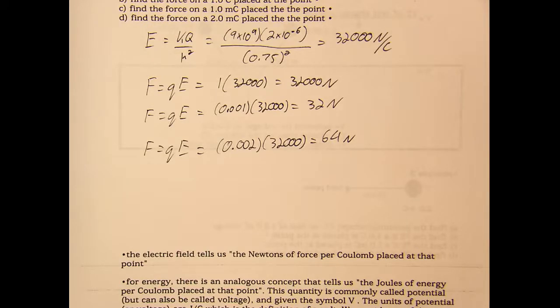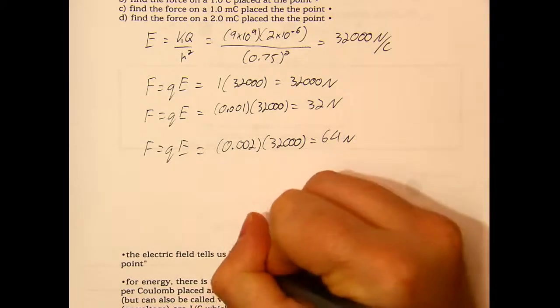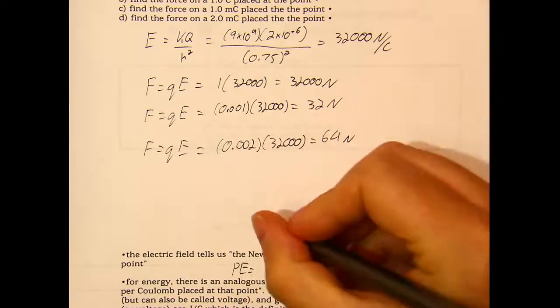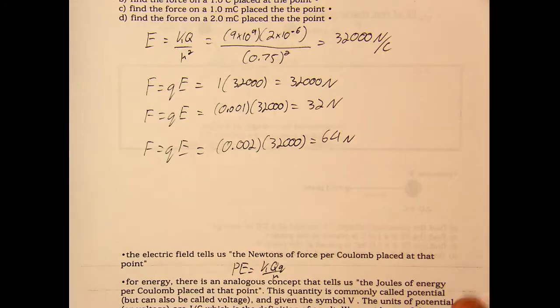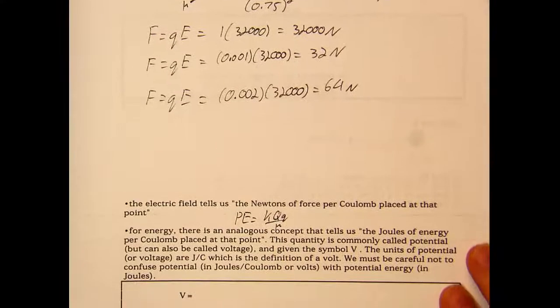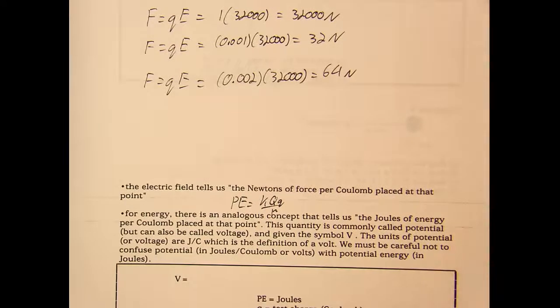Now, there is an analogous concept, except it involves the potential energy. So the potential energy formula that we had yesterday was PE equals KQQ over R. So the potential energy tells us how much potential energy exists between two charged objects.